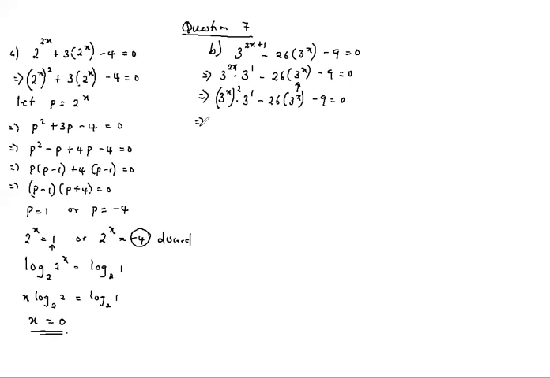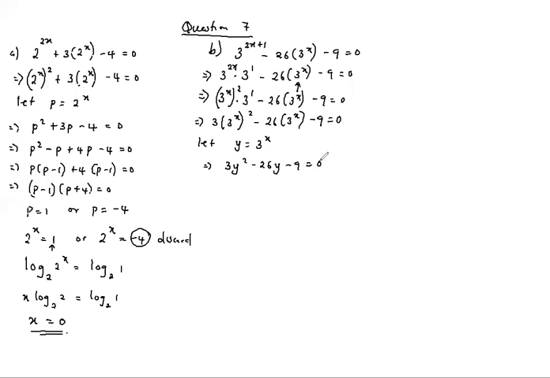From there, this is just the 3 multiplied by (3^x) squared minus 26, and 3^x minus 9 is 0. So again, we let y be equal to 3 to the power x.